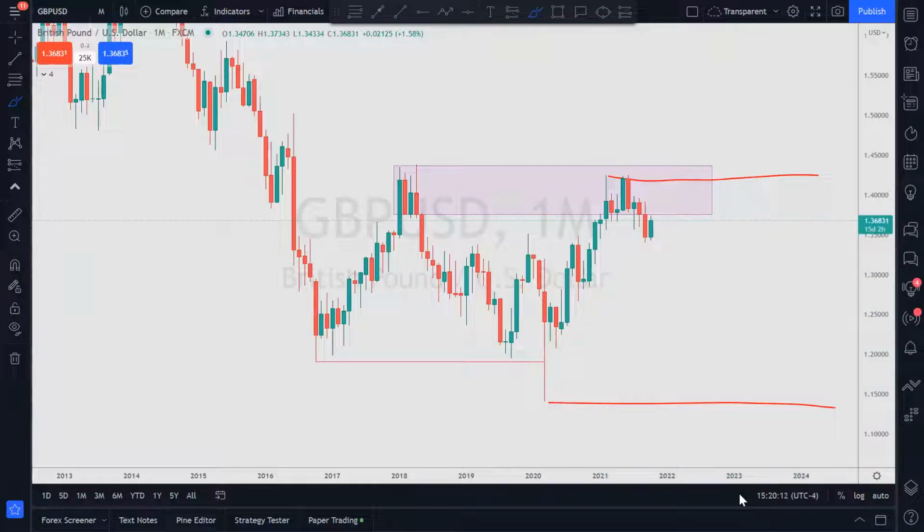Everything that's happening inside it is important to the lower time frames. But on this time frame, what you want to be able to do is say, hey, if price breaks this high here, then the momentum has switched from bearish to bullish. And I will be expecting a higher high to be made.